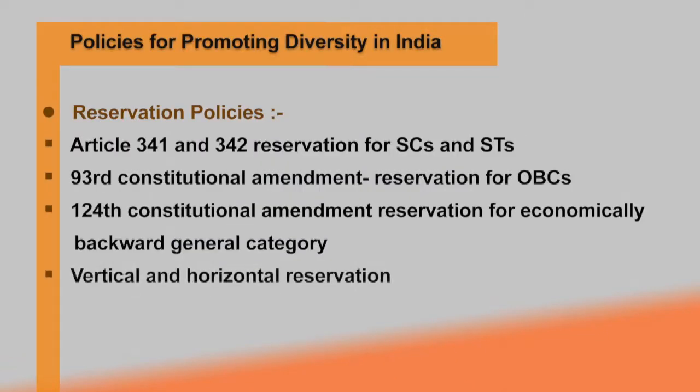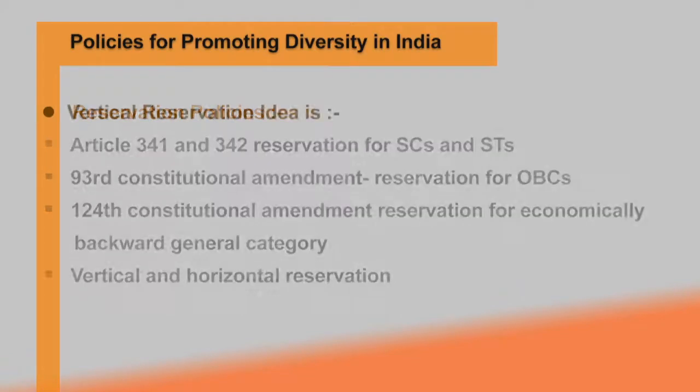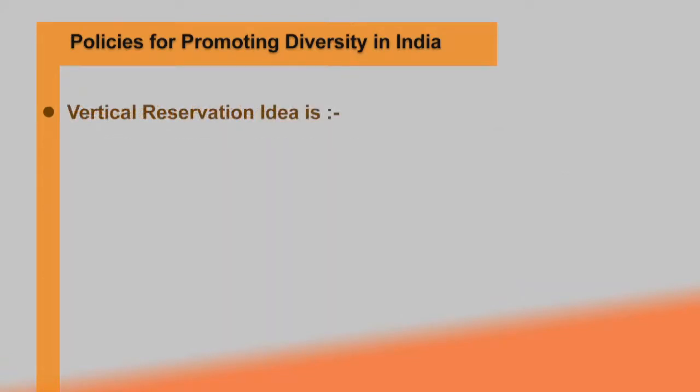And there are two dimensions of reservation in India. One is vertical reservation, second is horizontal. The vertical reservation idea is that each eligible group will get a certain share of the seats.